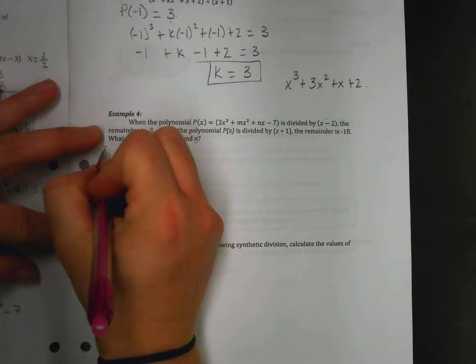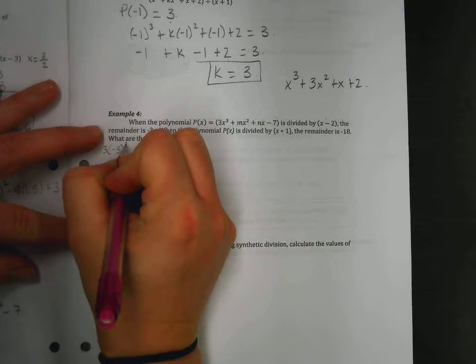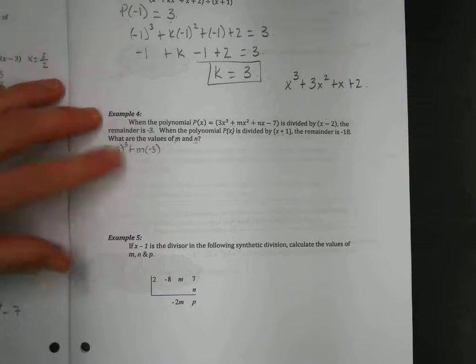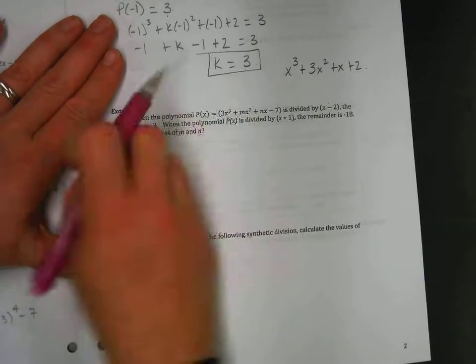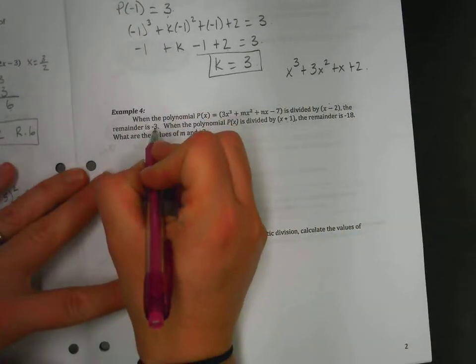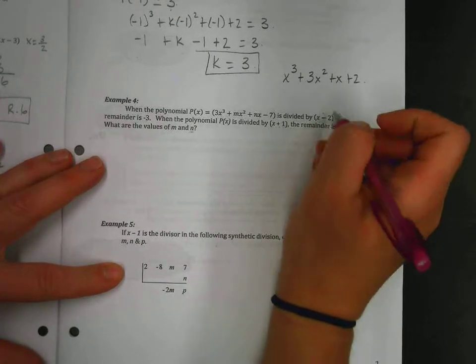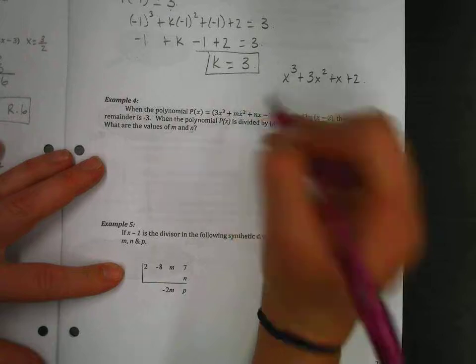The remainder is negative 3. We need to substitute in a positive 2 because this is what we're dividing by. We're dividing this binomial into this polynomial.